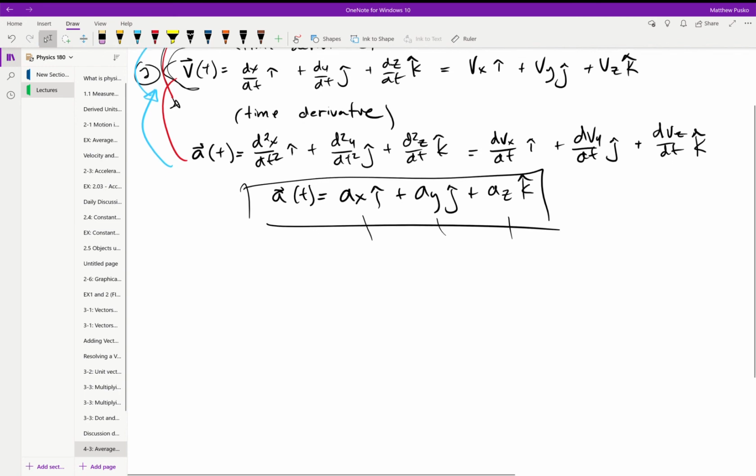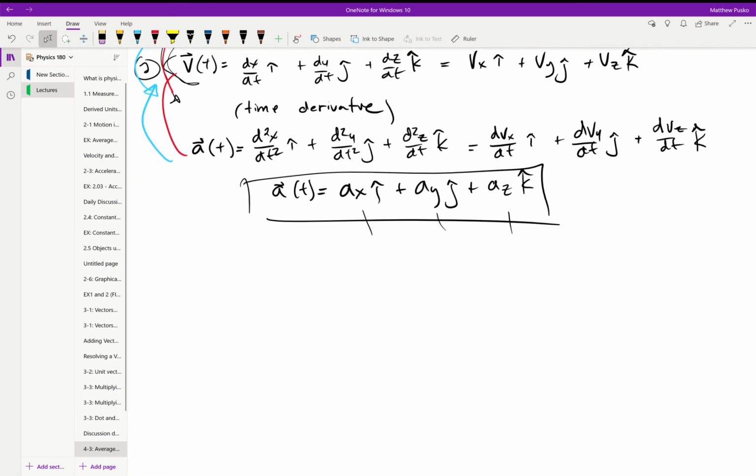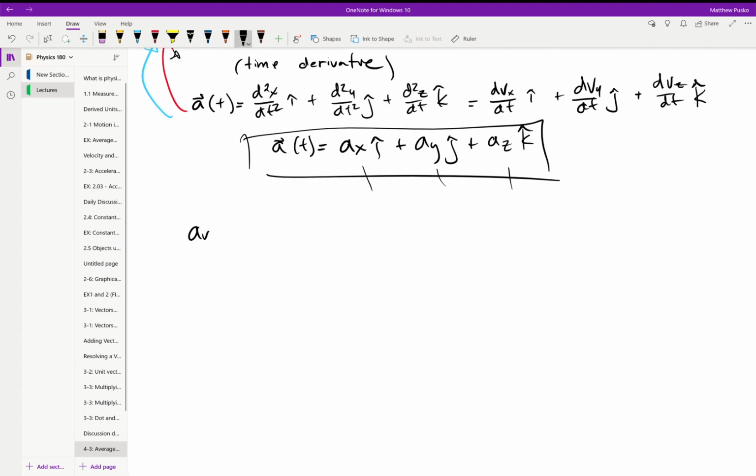Okay, let's take a look at another definition that we're going to see a lot, and that is our average acceleration. And we can say that's equal to a sub average. Okay, well, we can still do this in vector form. This would be equal to the change in velocity over the change in time.